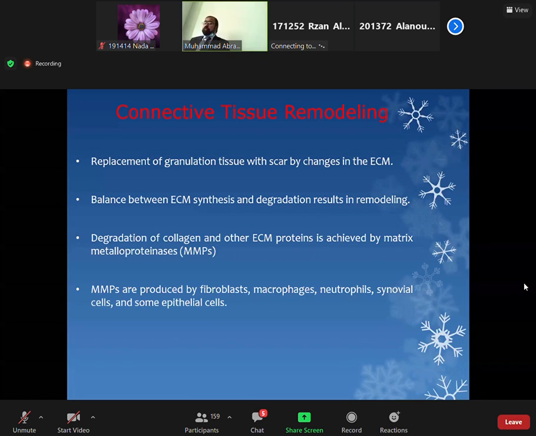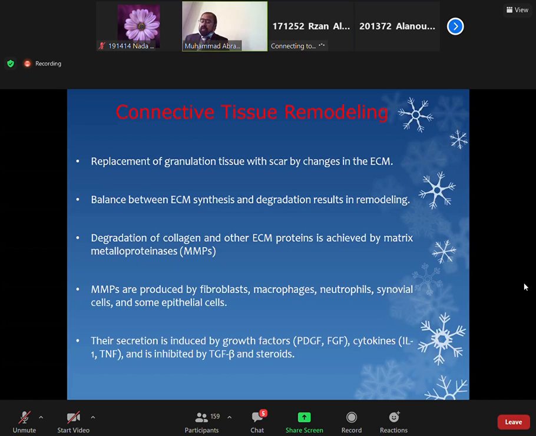Degradation of the collagen and other extracellular proteins is achieved by matrix metalloproteinases, and the majority of them are secreted by macrophages. These MMPs are produced by fibroblasts, macrophages, neutrophils, synovial cells, and some epithelial cells.